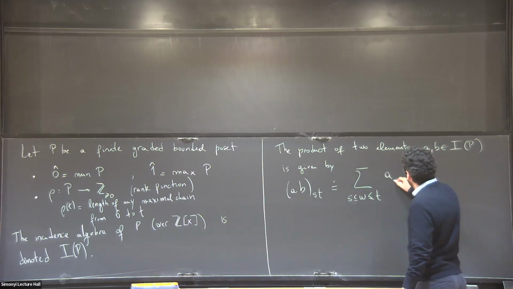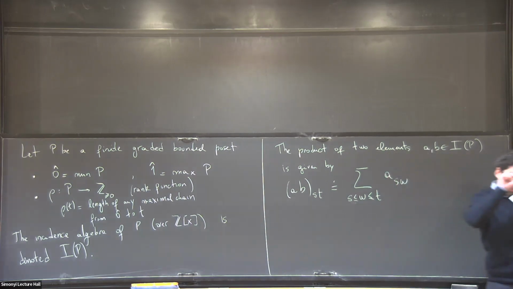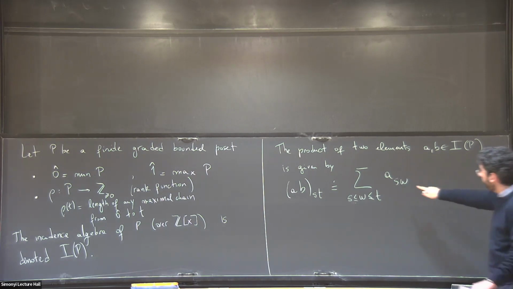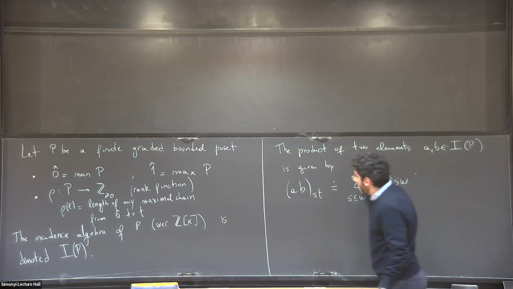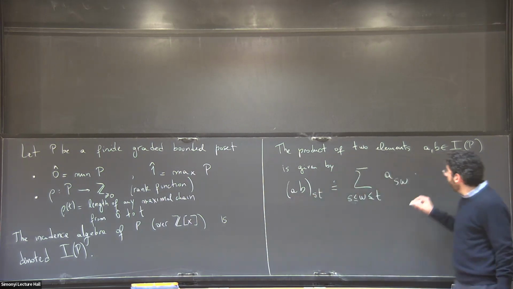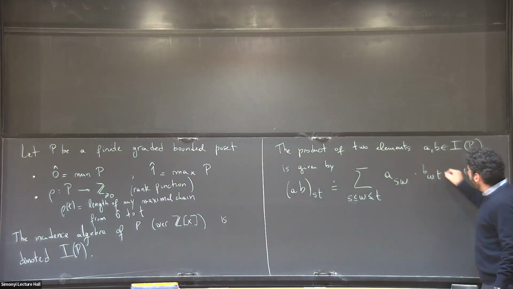If my element is W, I will take the interval that goes from S to W, compute the polynomial in that interval coming from the element A, and multiply it with the corresponding polynomial for B, but for the upper interval.